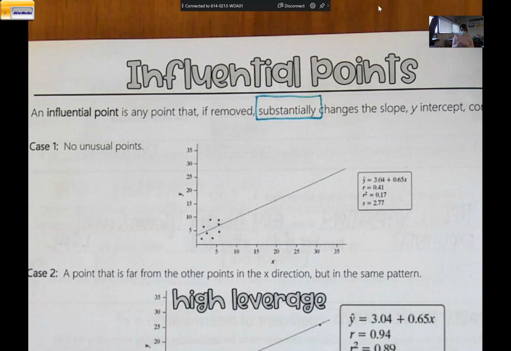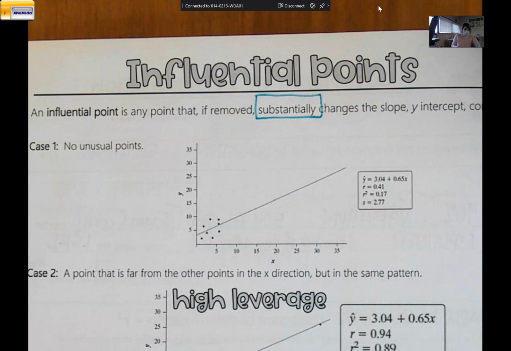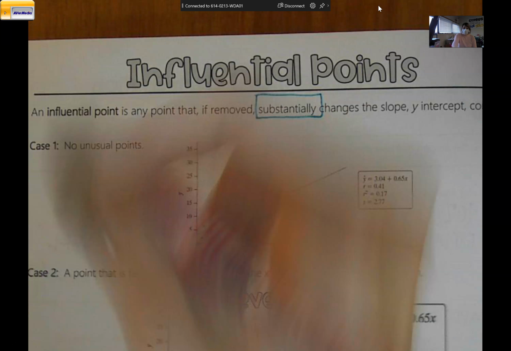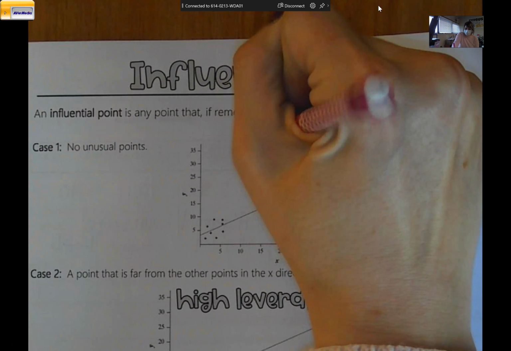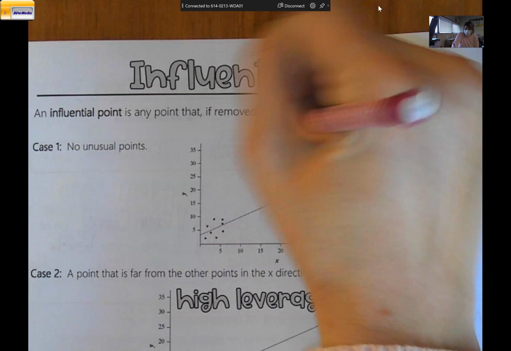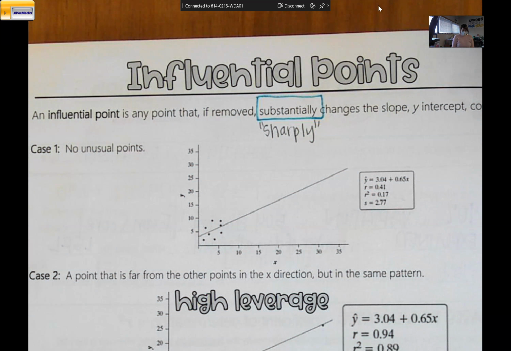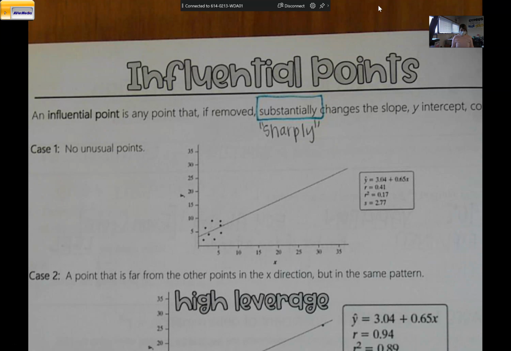So they have noticeable, substantial, significant. I think in your notes it says sharp or sharply affects your regression line. So any kind of word that describes a noticeable change in your regression line.